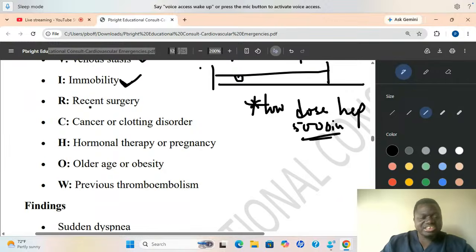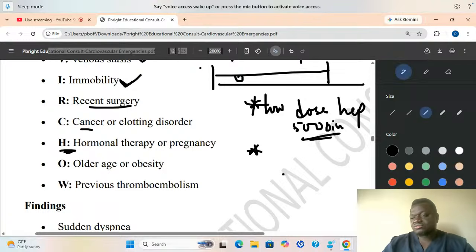Then recent surgery, people with cancer and clotting disorders, and people on hormonal therapy. Yes, the girls, those of you who have been chewing oral contraceptives like chewing gum. It has a higher effect on clotting issues.